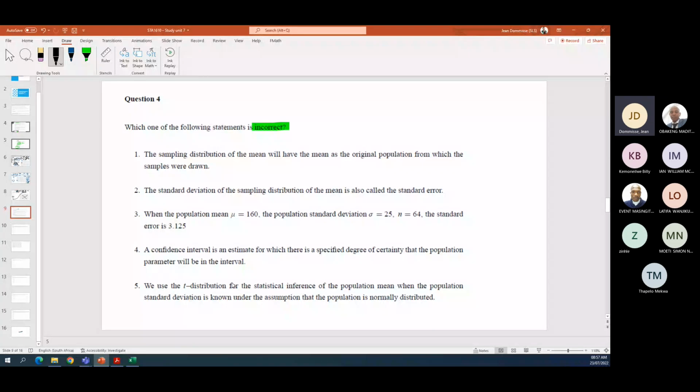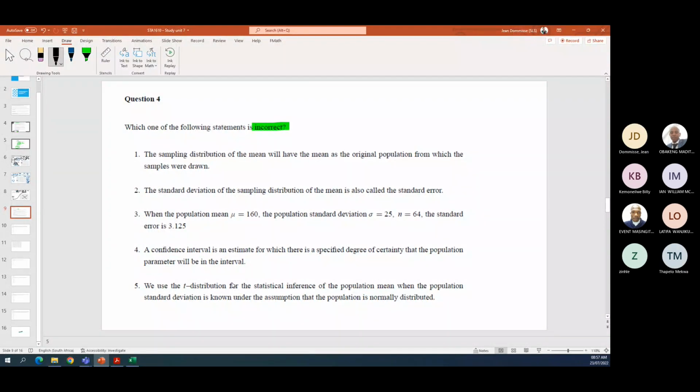I've seen in other examples of assignments and exams that they might put half of a sentence or just leave out one or two important words that makes it different. So just be very careful in these instances. Okay, so let's look at what they're giving us.